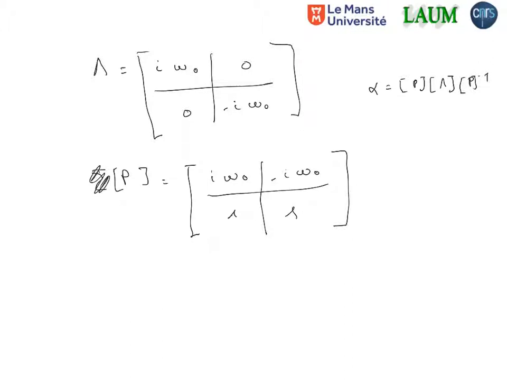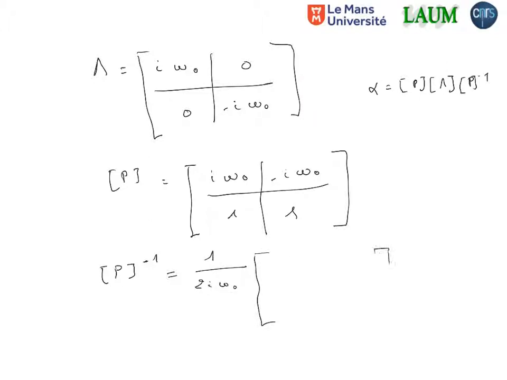But if we want to obtain the diagonalization and to compute the exponential of the matrix, then in fact we need to invert this P matrix. This can be done very easily because this is a 2 by 2 matrix. So this is 1 over the determinant, which is 1 over I omega 0 multiplied by 1 minus minus I omega 0 times 1, so this is 2 I omega 0.